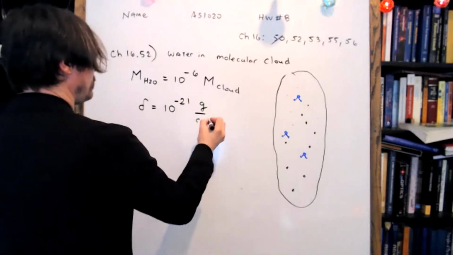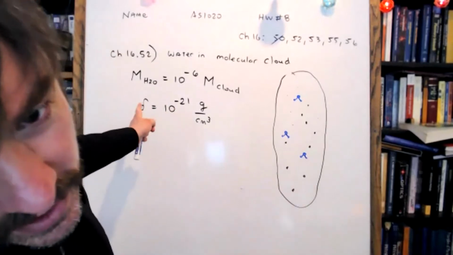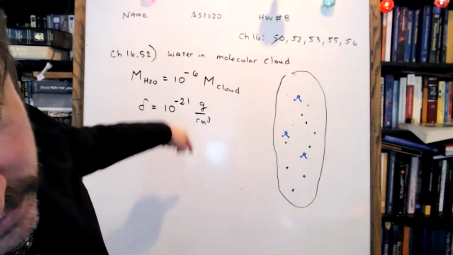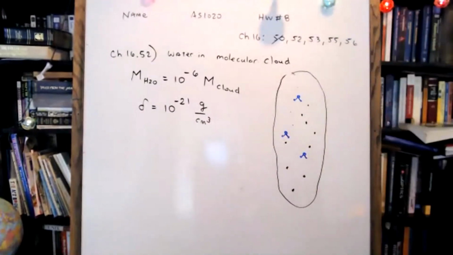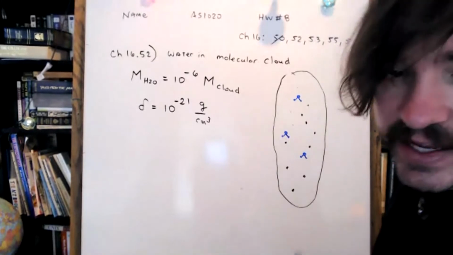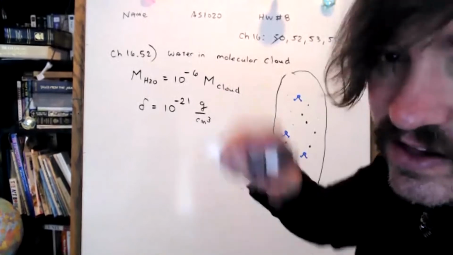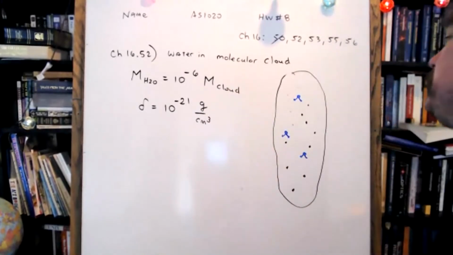This is a little bit different than a number density. This is a mass density. They're telling you the density of the cloud in grams per cubic centimeter. Delta is for density. I like to use delta for density. I don't want to call it D because you'll think of diameter or distance. So I like to use delta for density.